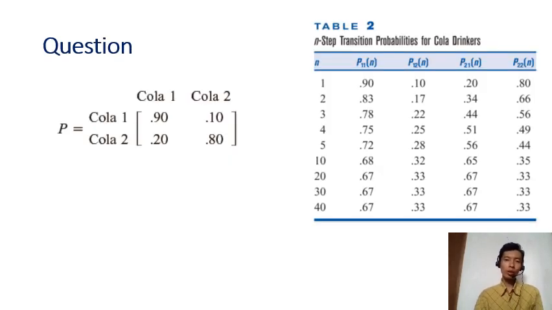Now here's a question to check your understanding. Given the transition probability matrix P, this is just one step, and given this result on this table, this is one step. The values are the same as the matrix here because it is a one step transition. And then given 2 steps transition, 3 step, 4 step, up to 40 step transition.